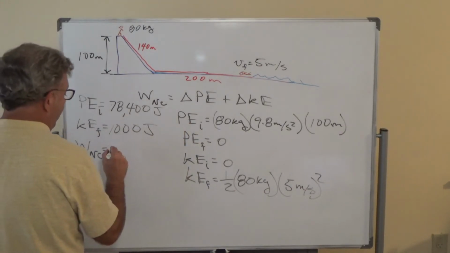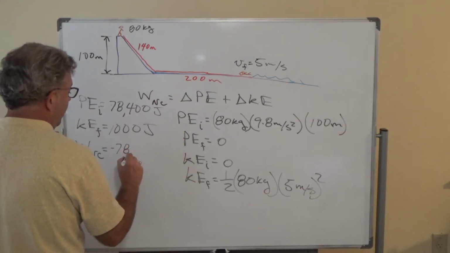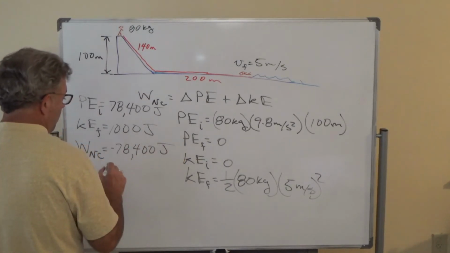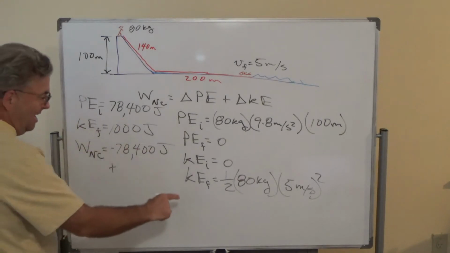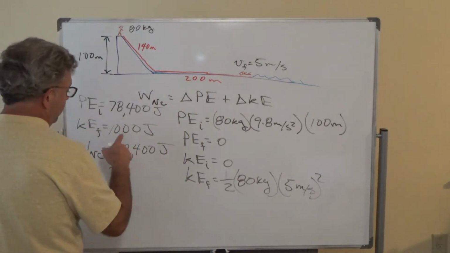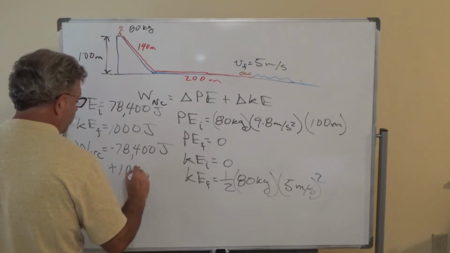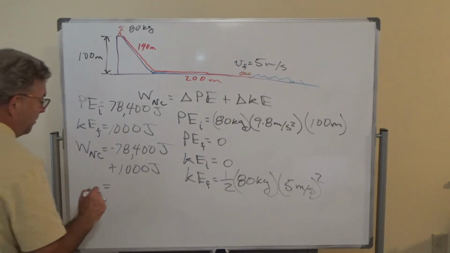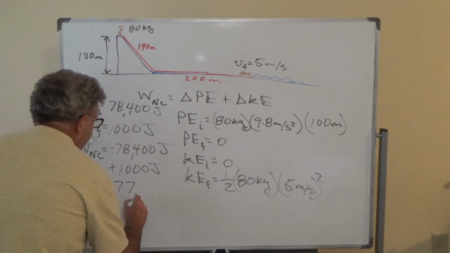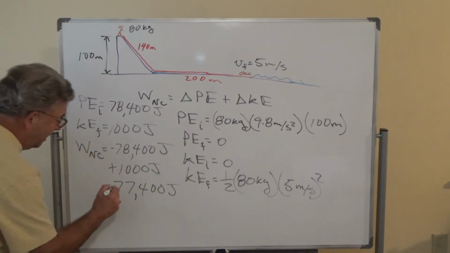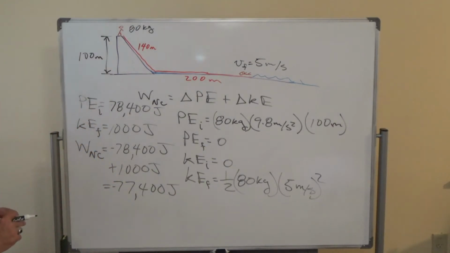So you get a negative 78,400 joules plus, because it's KE final minus KE initial, plus 1,000 joules. So the work done by the non-conservative forces is negative 77,400 joules. Okay.